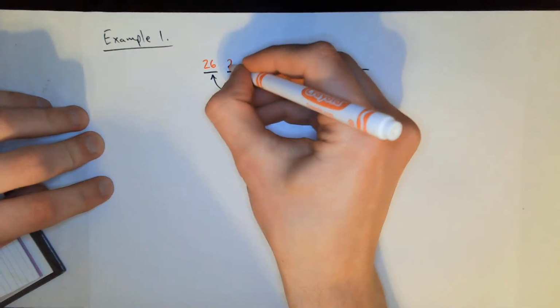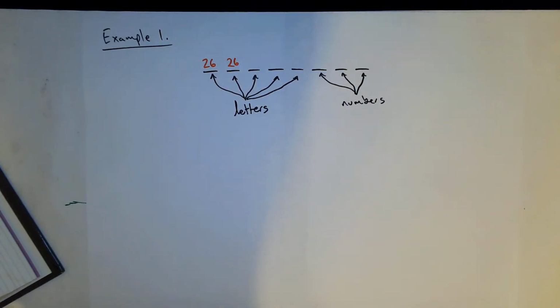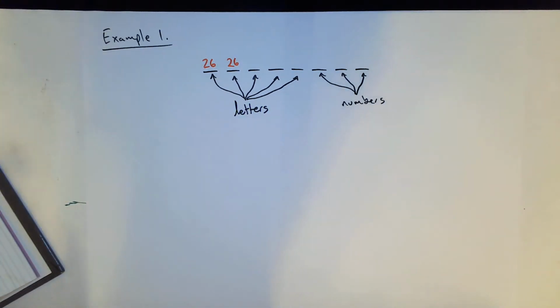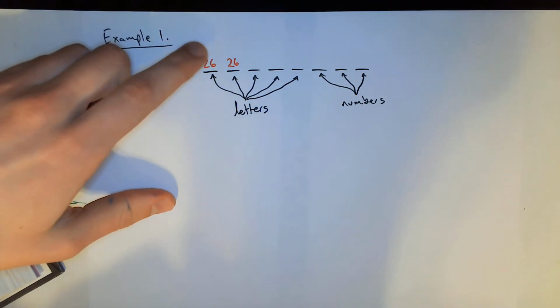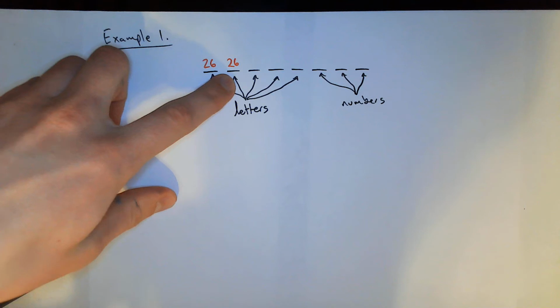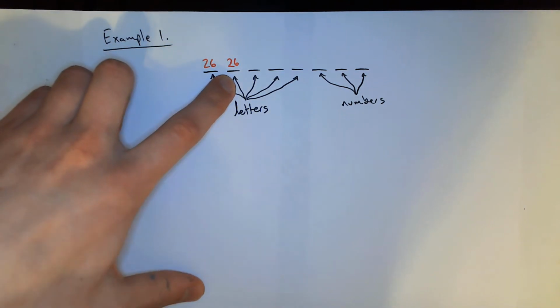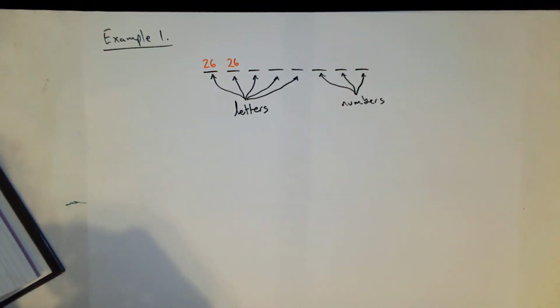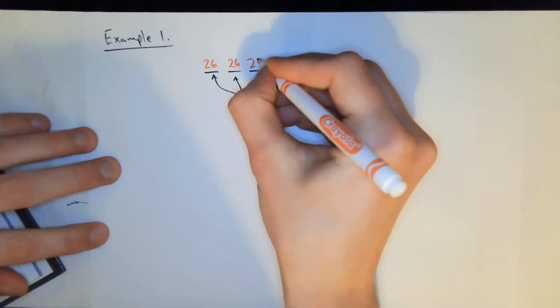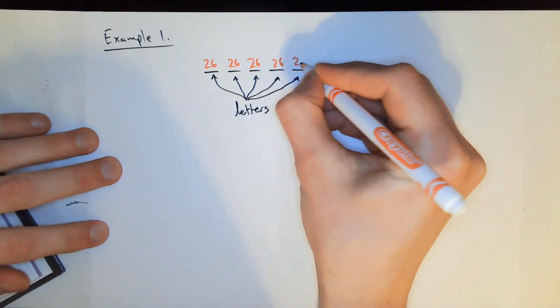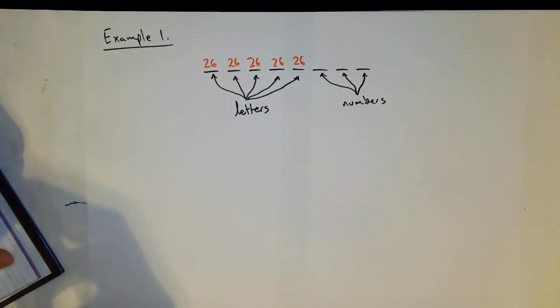Yes. Why is it 26 again? Well, because they told us that you can use the same letter if you want to. Like if you pick a C in the first position, you can still pick a C again. So there's still 26 letters available to you. So with that logic, there should be 26 in every single position.